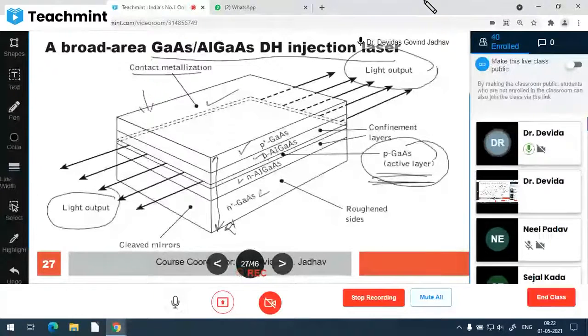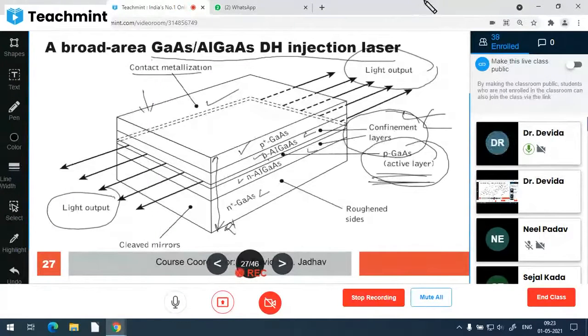So these P AlGaAs and N AlGaAs are used as confinement layers. So here it is written confinement layers. That means their refractive index is made lesser. The refractive index of this and this layer is made lesser than the active region. Immediately near the active region, the refractive indices are made very low. So that makes the optical fiber construction.